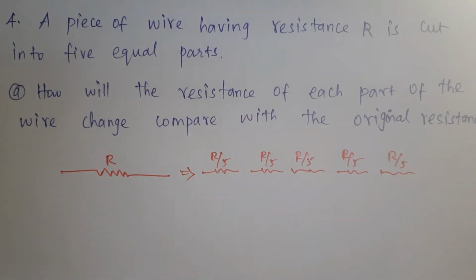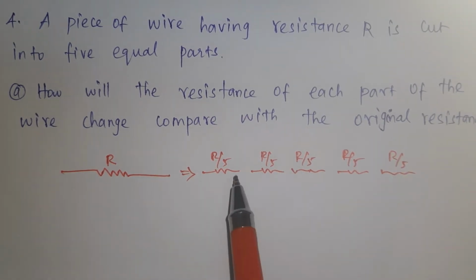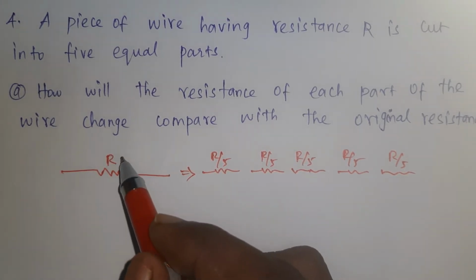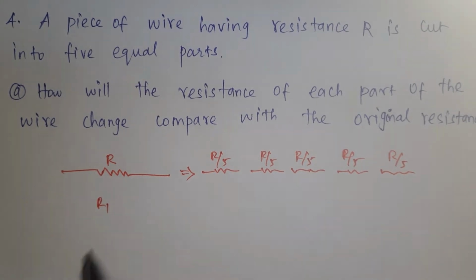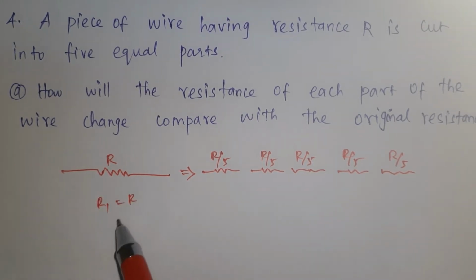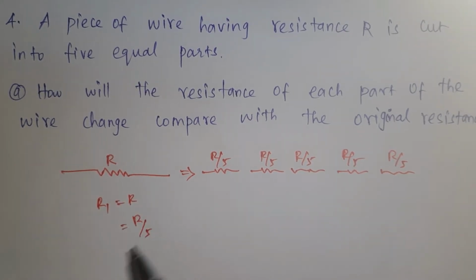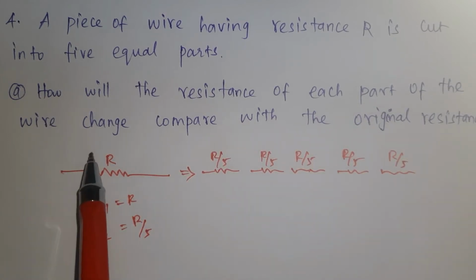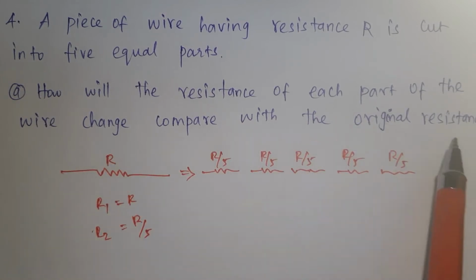Now we are going to compare how each part of the wire changes compared with the original resistance. So let us take R1 as the original resistance, and R by 5 as the changed resistance. The question is, how will the resistance of each part of the wire change compared with the original resistance?